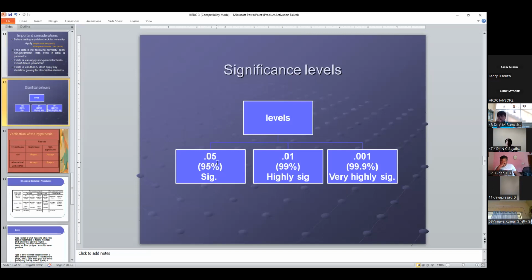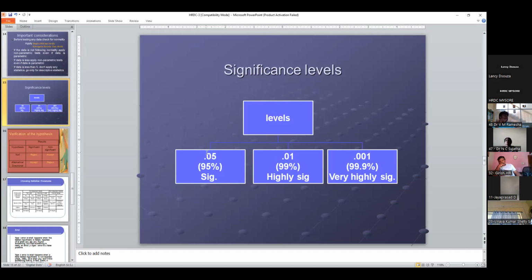If you repeat the experiment 1000 times, 999 times you are bound to get the same result. So that is referred to as very highly significant. Depending upon the significance level you have obtained, you can interpret the data accordingly at 0.05, at 0.01 and 0.001.